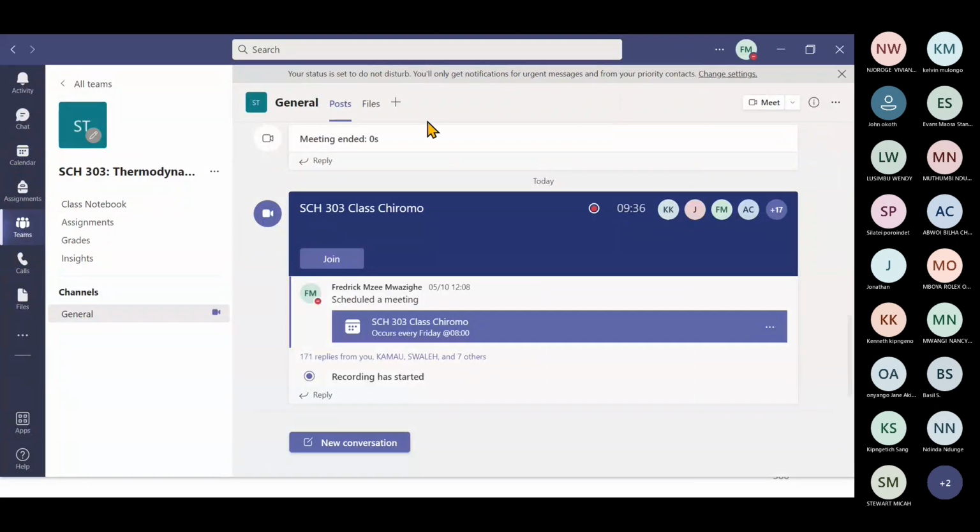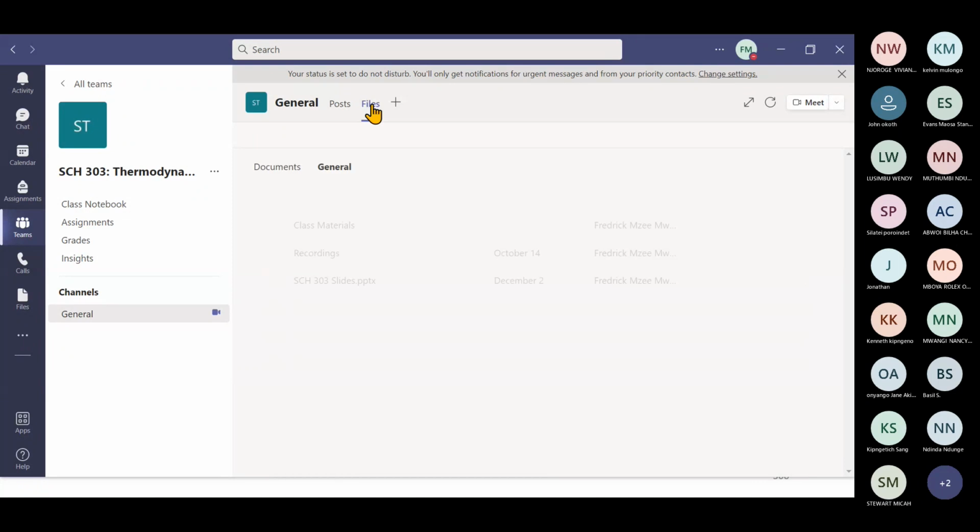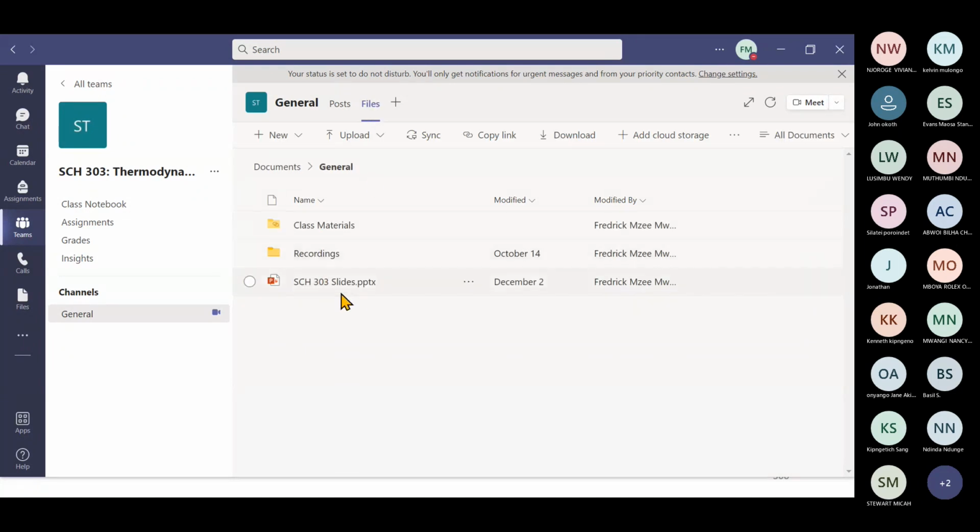When you go to your team, there's this tab here for files. When you click files, it gives you all the files that have been uploaded on this SCH303 team. So you have class materials.